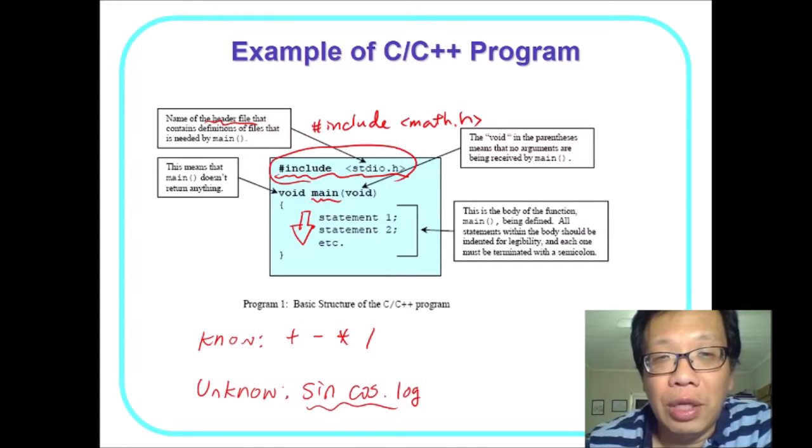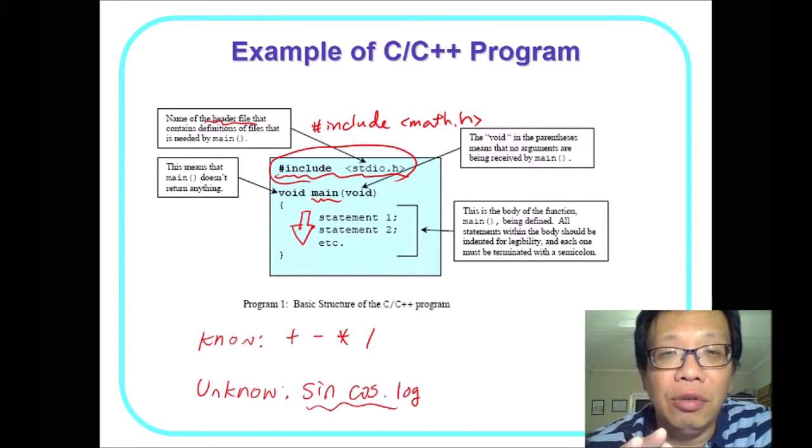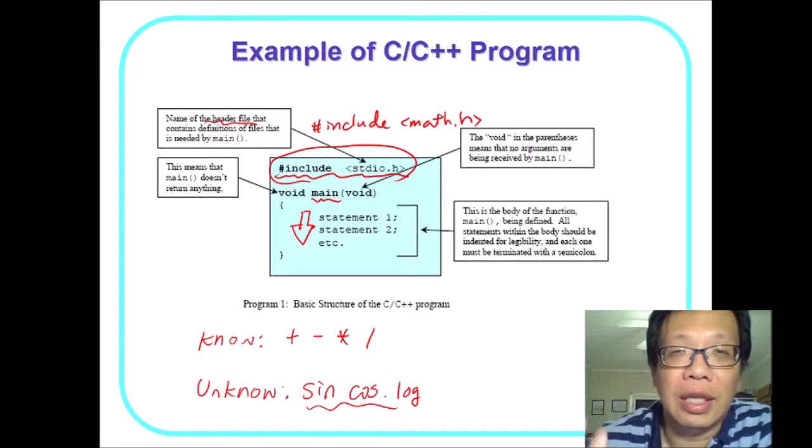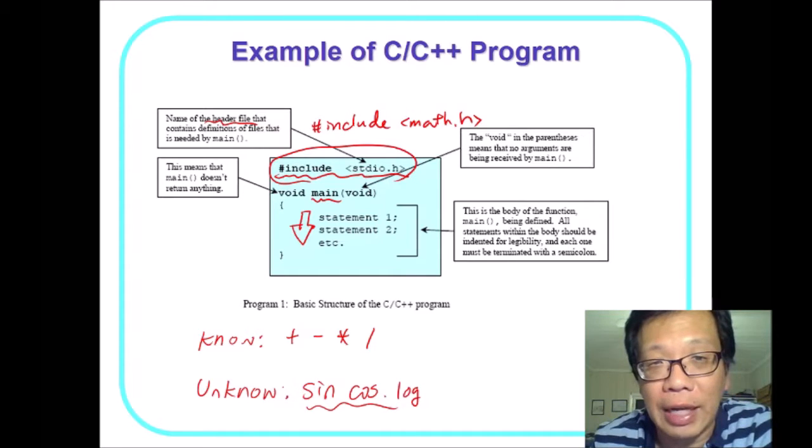So in short, when you are dealing with C programming under Windows, Mac OS, or other operating systems, you will need to have a structure where you include the required header files, and after that you have a main function to run everything.